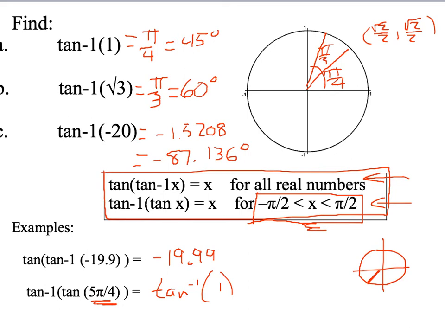Both x and y's are negative here. 5 pi over 4 is going to have a tangent of 1, because that's what its reference number is. And then the inverse tangent of 1 has to put us back into this range of values here, and the only value from negative pi over 2 to pi over 2 would be pi over 4.